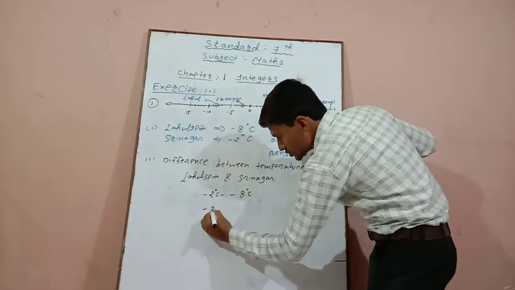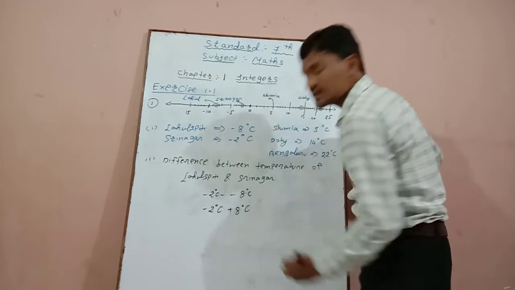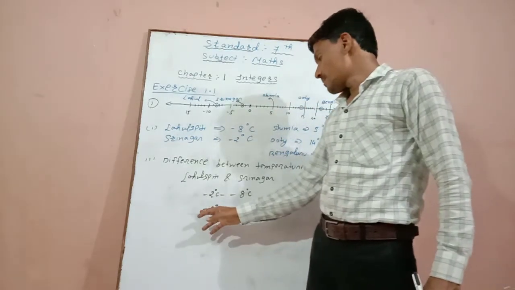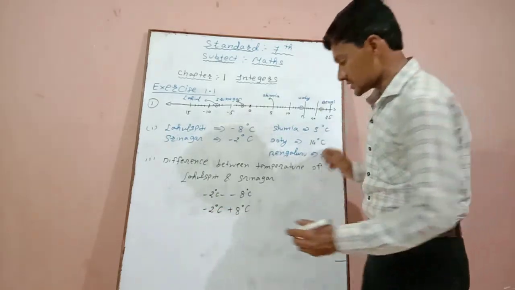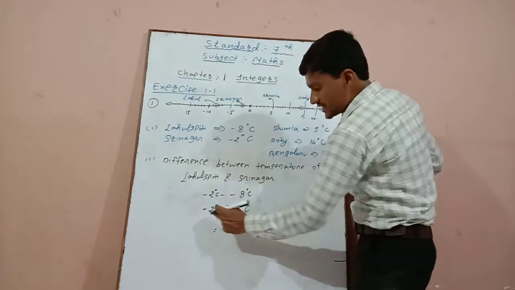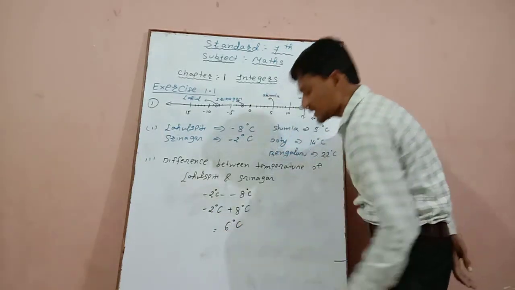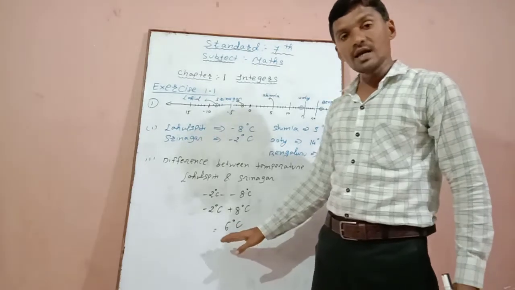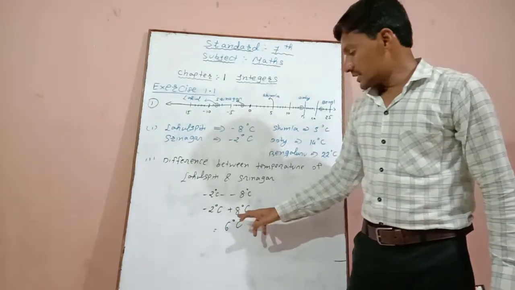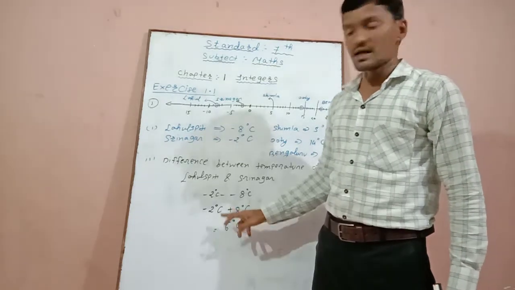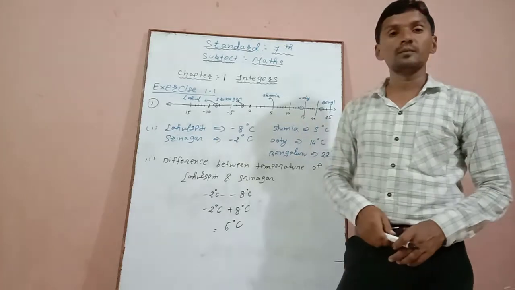So minus 2 degree Celsius plus 8 degree Celsius. Now compare the sign, minus plus, plus minus is equal to minus. So the answer will be 8 minus 2. The answer will be 6 degree Celsius, and it will be positive. Why will it be positive? Because the greater number is 8 and the sign is positive. So the answer will be 6 degree Celsius. It is answer number 3.